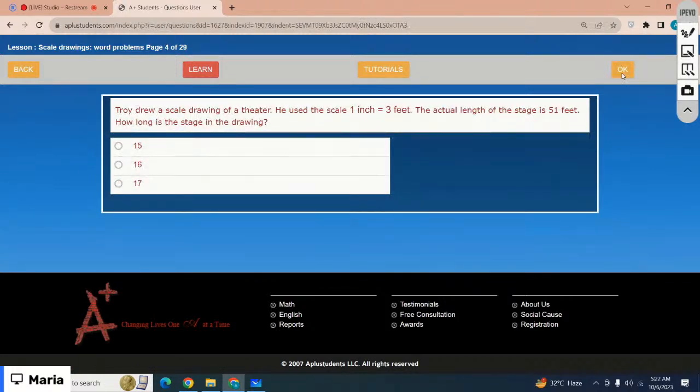Okay, the next one is Troy drew a scale drawing of a theater. He used the scale 1 inch equal 3 feet. The actual length of the stage is 51 feet. How long is the stage in the drawing? Which is the correct option?